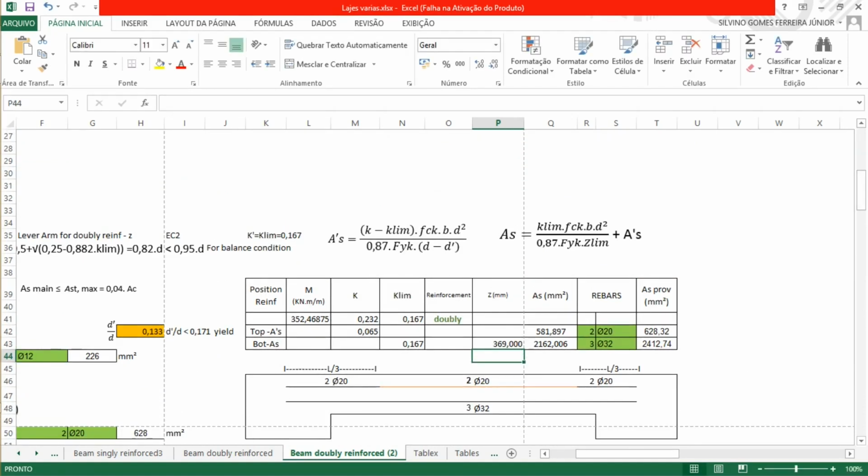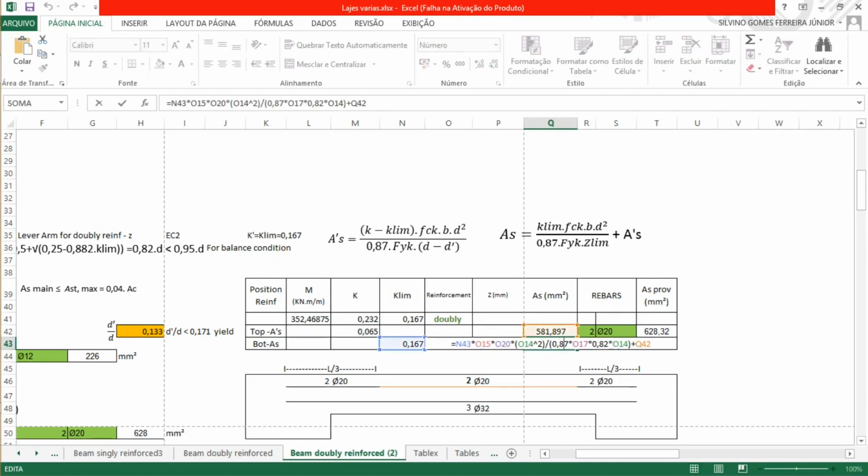So the main reinforcement on the bottom, the positive, replacing all the K limit, 0.167 multiplied by FCK.